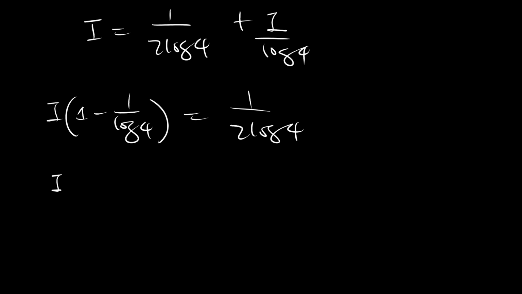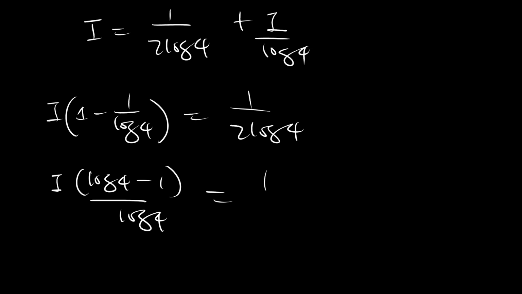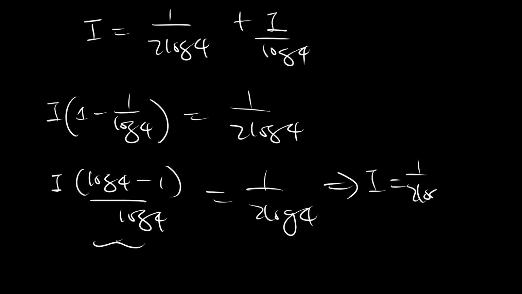So we have (log 4 minus 1) over log 4 times I is equal to 1 over 2 log 4. And this means that I is equal to, dividing both sides by whatever we have as a constant on the left hand side, 1 over 2 log 4 times log 4 over (log 4 minus 1).